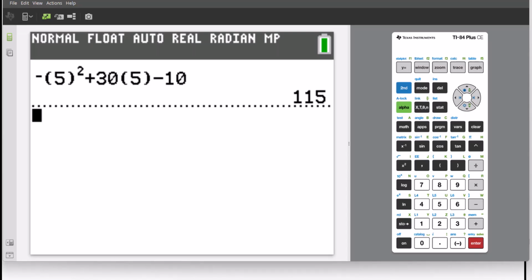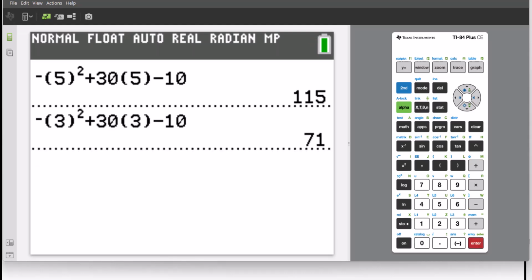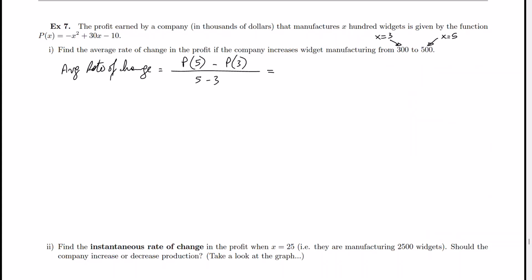For the second one, I need to plug in 3. So again, negative 3 squared plus 30 times 3, and then subtract 100 from that. So 115 minus 71 is my numerator. Let's write down 115 minus 71. The denominator is going to be 2 because 5 minus 3 is 2.